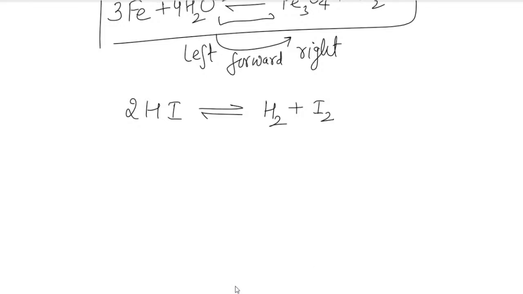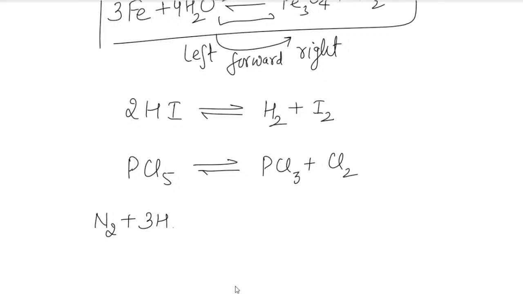Even PCl5, on heating, two axial bonds break to give PCl3 and Cl2, and PCl3 and Cl2 react to get back PCl5. N2 and 3H2 react together to give 2NH3.